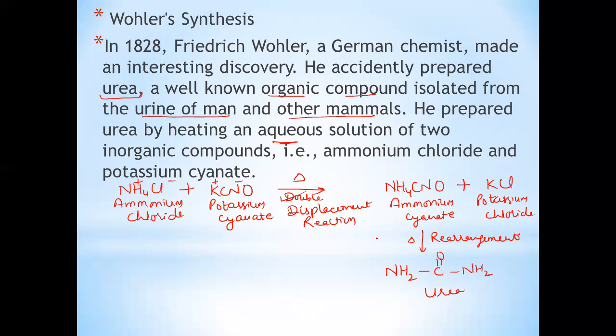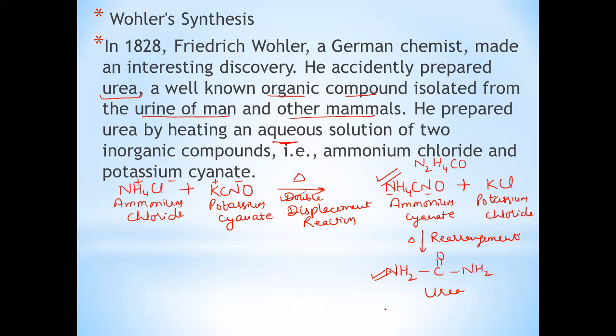Actually, he was trying to prepare an inorganic compound, that is ammonium cyanate. But when he analyzed the compound, it was found to be quite different. It was urea, formed by a rearrangement of atoms in ammonium cyanate. The molecular formula of ammonium cyanate is 2 nitrogen, 4 hydrogen, 1 carbon and 1 oxygen.